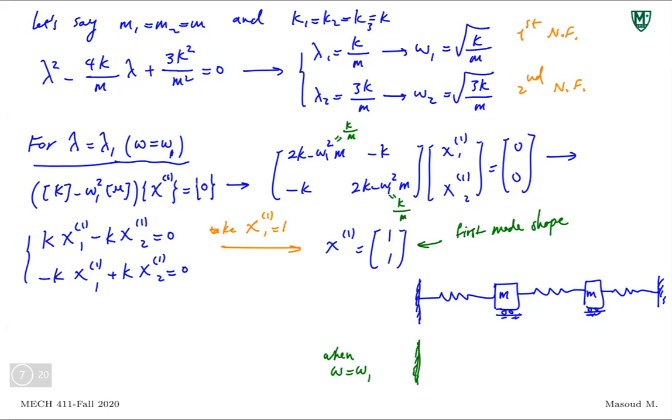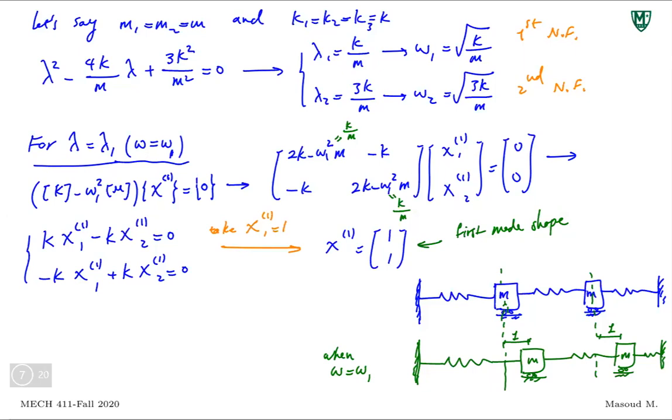In its simplest form, think about it this way. If it's oscillating in omega 1 and mass 1 goes 1 unit to the right, mass 2 also has to go 1 unit to the right. So at any given moment, think about these two masses.